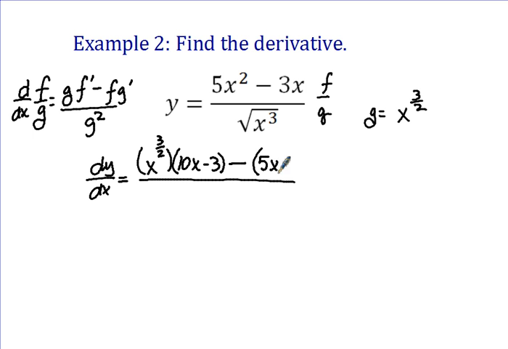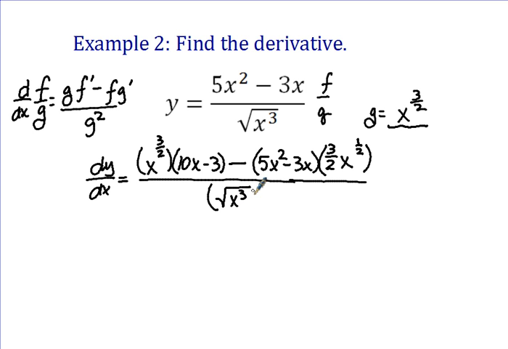F is 5x squared minus 3x, and g prime would be, using this rewritten version of the function, 3/2 x to the 1/2 power. 3/2 minus 1 would be 1/2. And then, of course, this is over the square root of x cubed squared, or you could have written that as x to the 3/2 squared as well. Either form would be okay.